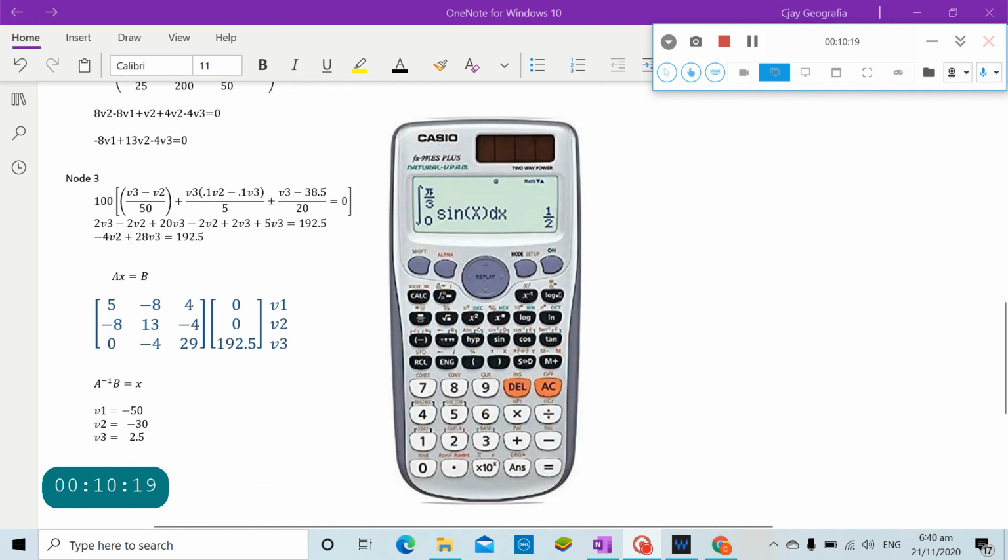So let's continue. We have to again combine like terms. So negative V2, because negative 2 plus negative 2 is equal to negative 4, plus 28 V3, because 2 plus 20 is equal to 22, plus 2 is 24, plus 5.